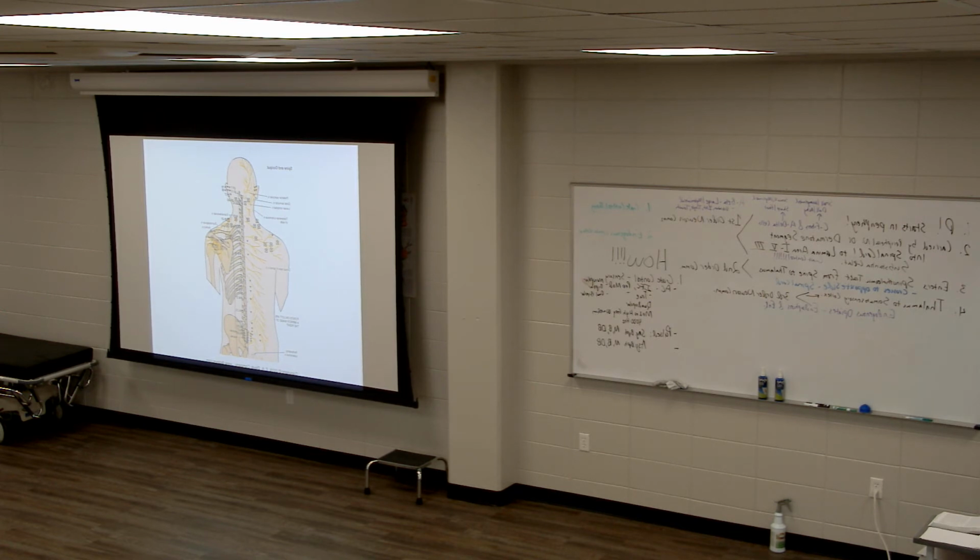What about if I wanted to treat for endogenous opiate release? All right. What type of current is high volt? So I can use a pulsed current. I can use high volt. Okay. I agree.